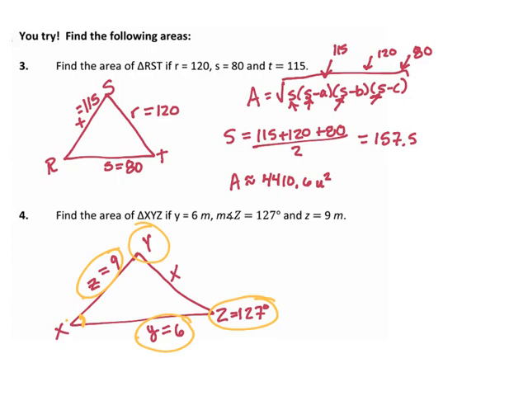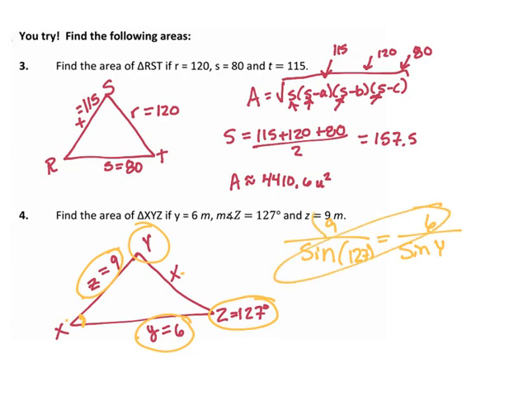So we can't just find x right away because we don't have side x. So let's do the sine of 127 with 9 over that. So z over sine of z, 6 over sine of y, and put that in your calculator.